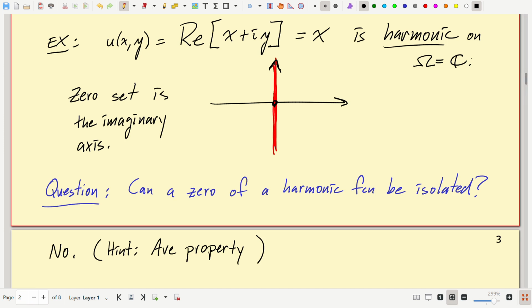Every point of the imaginary axis is a limit point of itself, and those limit points are in C. If there was such a theorem, that would mean that the function x is identically 0. It isn't, so there's no theorem.